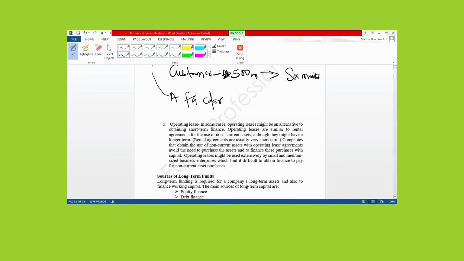Operating leases are similar to rental agreements for the use of non-current assets, usually for a very short term. An operating lease is a rental agreement for a non-current asset for a short period.